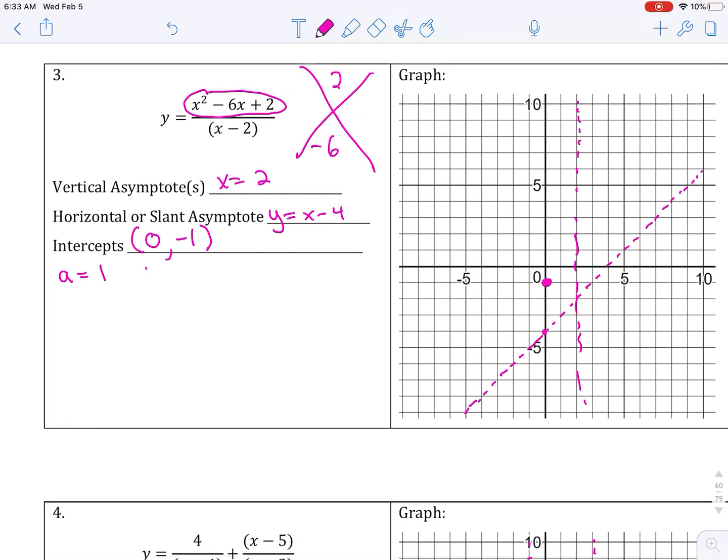So what's another way that we can think of to discover the roots? I can use the quadratic formula.